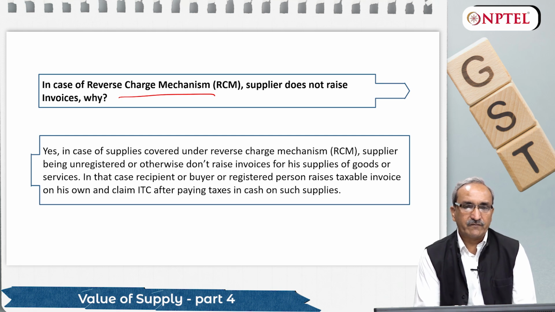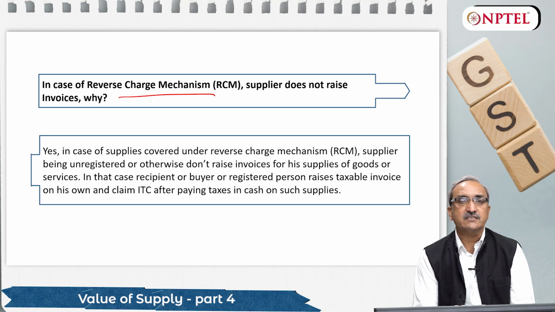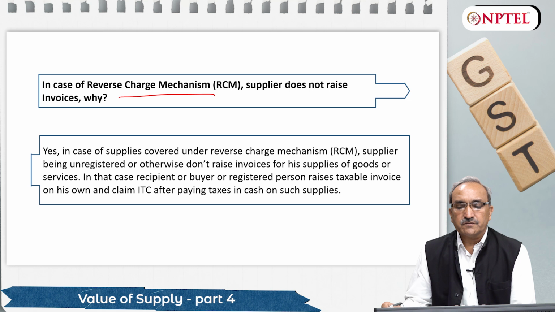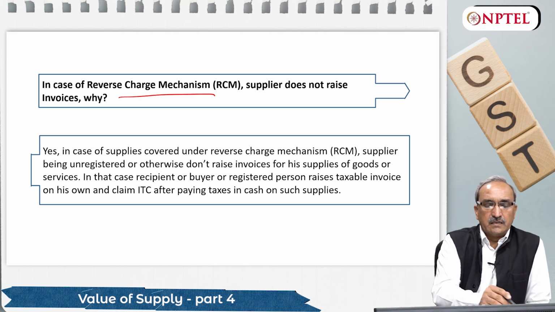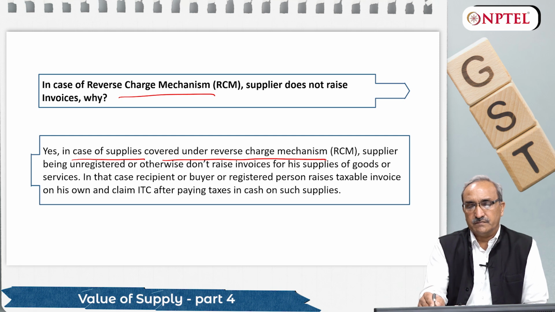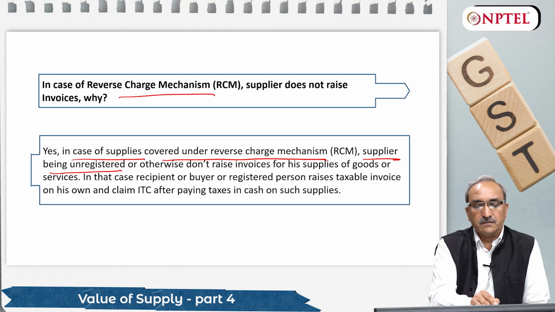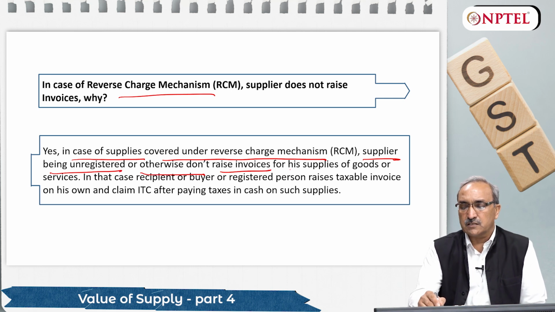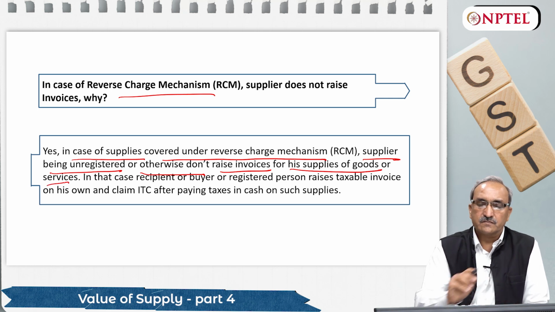But what happens in case of reverse charge mechanism, where the recipient or consumer pays tax to the government and the supplier doesn't charge tax in his bill? So the law says, in case of supplies covered under reverse charge mechanism, the supplier, being unregistered or otherwise, doesn't raise an invoice for his supplies of goods or services. Very clear.